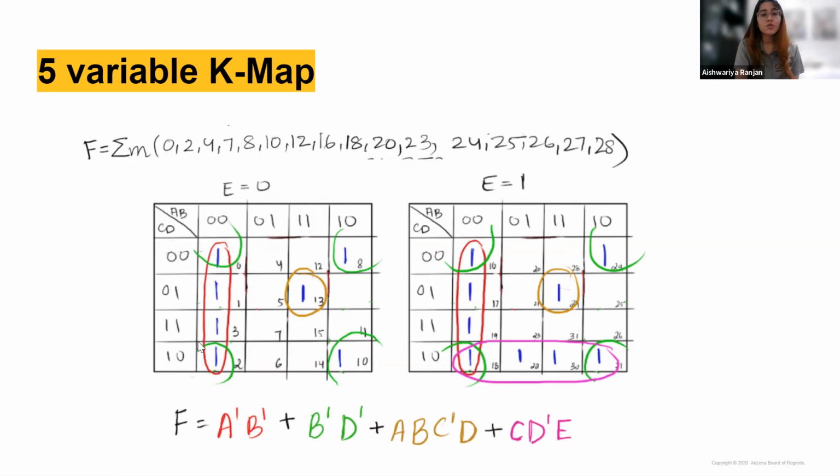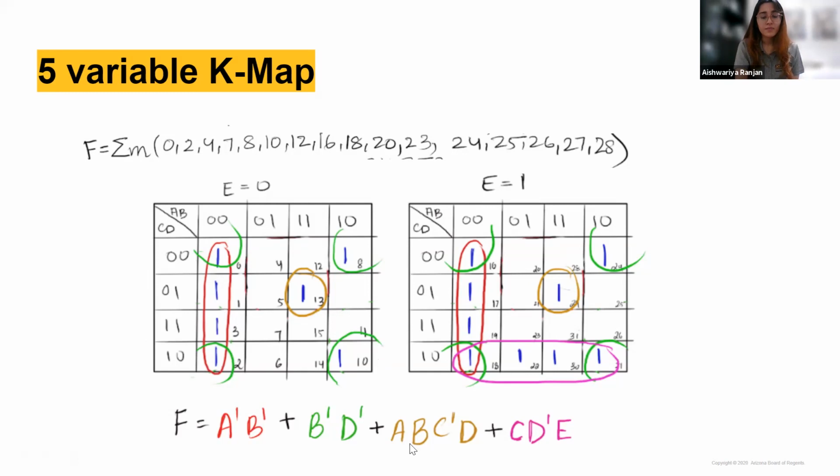And now for the green group, they are in columns where B is 0, and they're in rows where D is 0. And since they're in both the Kmaps, it doesn't matter what E is. They can be expressed as B bar, D bar, as shown here.